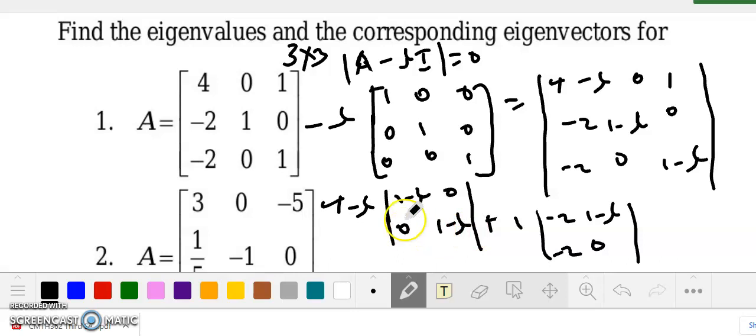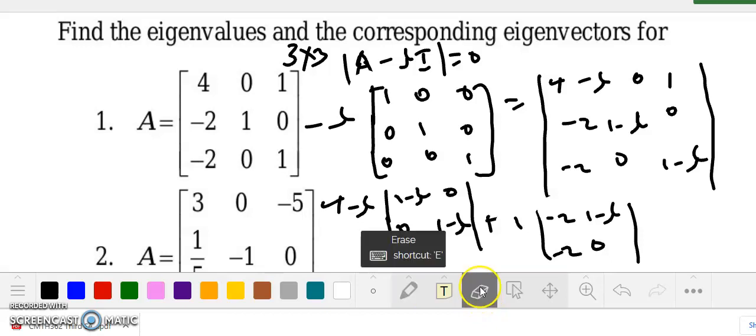You simply multiply the corresponding entries, taking 1 minus lambda multiplied by 1 minus lambda. We have to open up this bracket, after which we multiply by 4 minus lambda. We do the same here. So it's a very long thing. I want to show you how you can easily manipulate this using your calculator. So let's clean this up.